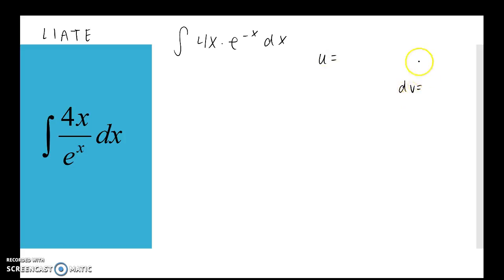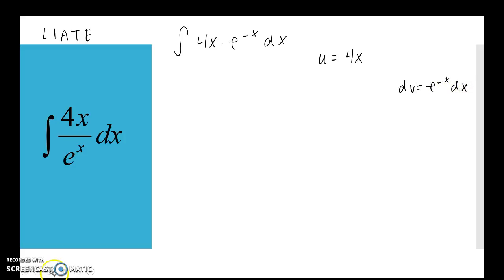I need a function whose antiderivative I find to get v, and a u that I'm going to find the derivative of. According to our mnemonic device, our u will be the algebraic expression 4x, which makes dv e to the negative x dx.